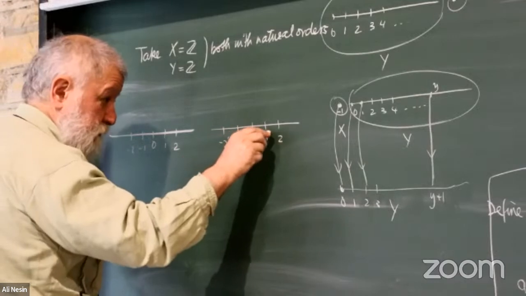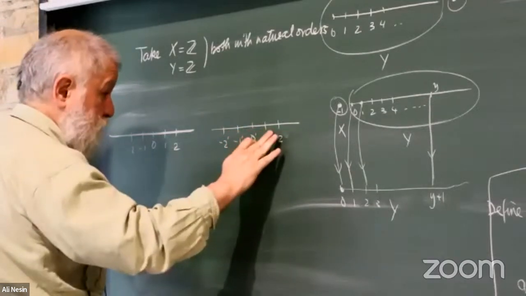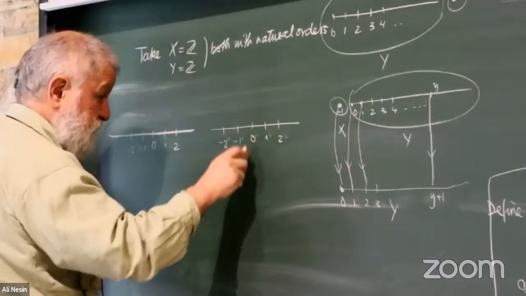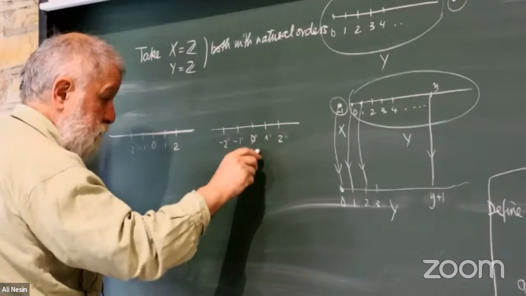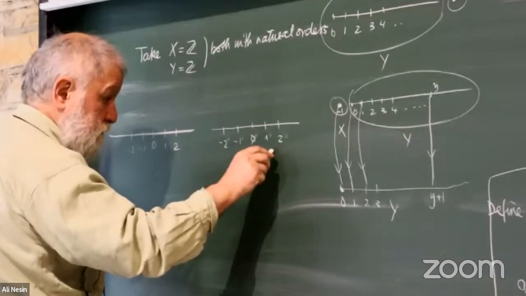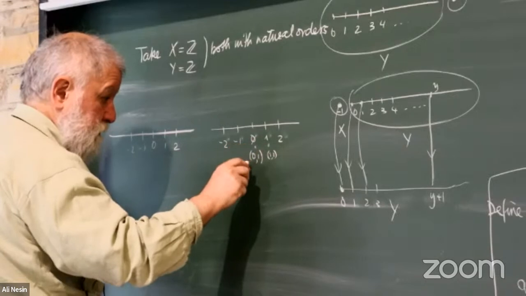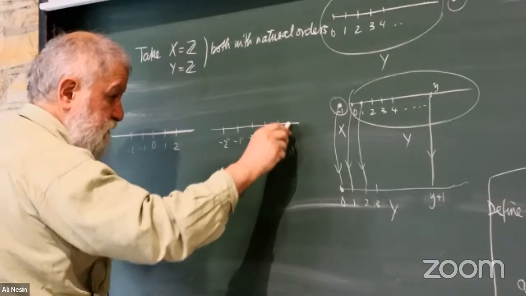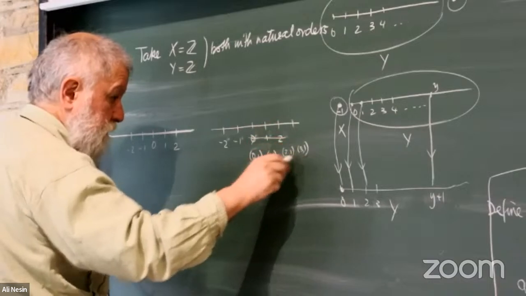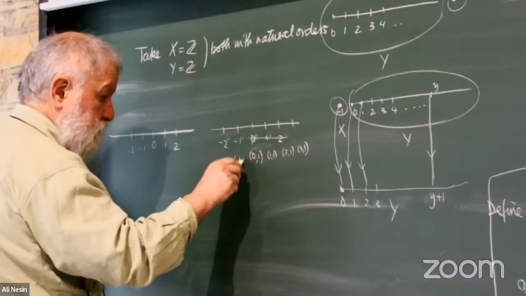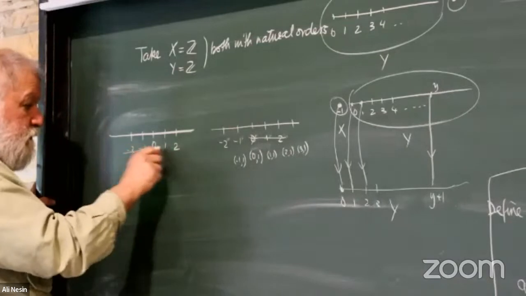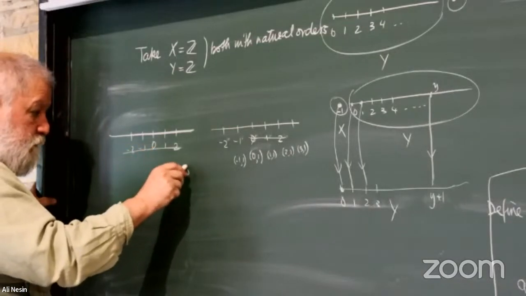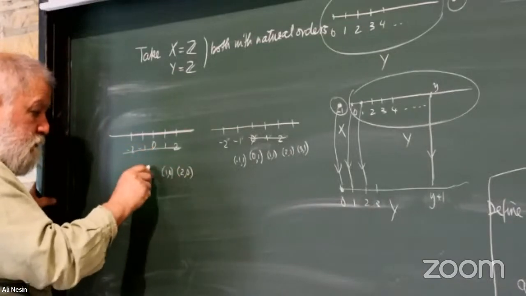If you don't want to, instead of this, you take 0, 1, 2, 3, and so on, and -1, and here, instead of this, you take 2, 0, 1, 0, 0, 0.